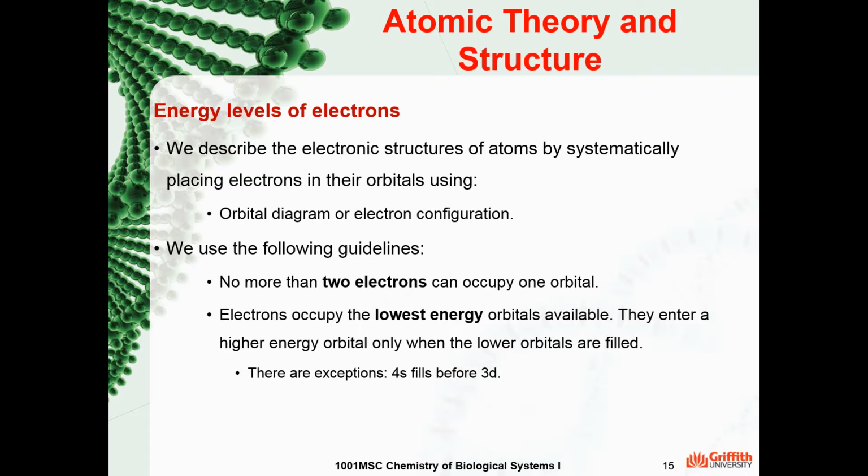Thus, 4s fills before 3d. More exceptions happen as we move higher in the energy levels, but for the purposes of this course, we don't need to go any further. So the proper order of filling the orbitals is 1s, 2s, 2p, 3s, 3p, 4s, 3d.